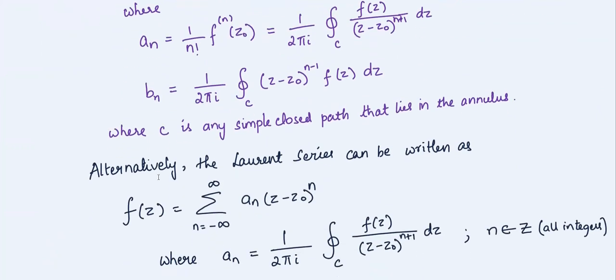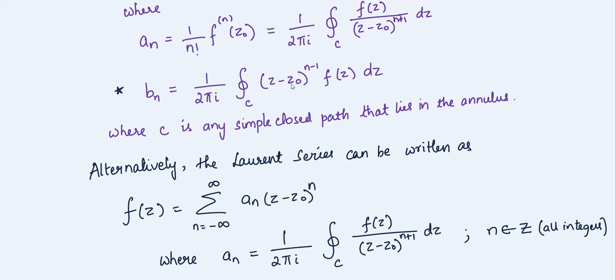So this is B1. Bn is defined by 1 by 2 pi i times the integral over a closed loop of z minus z naught to the power n minus 1 times f of z dz. So for B1, put n equal to 1, we simply get the integral of f of z.